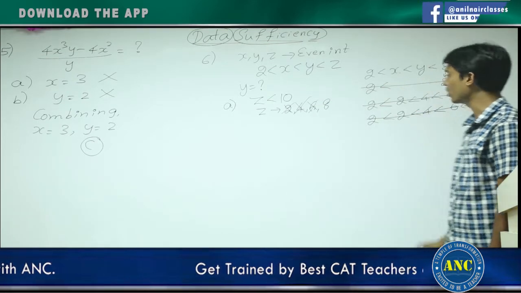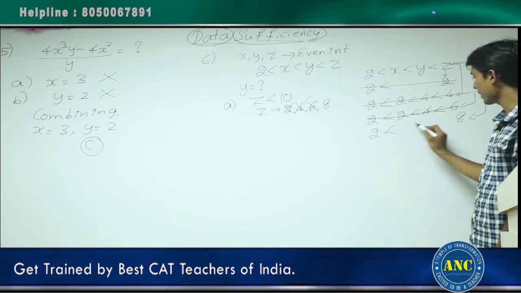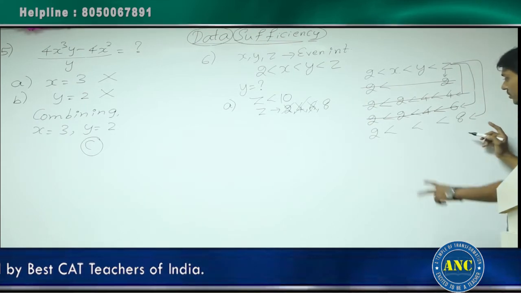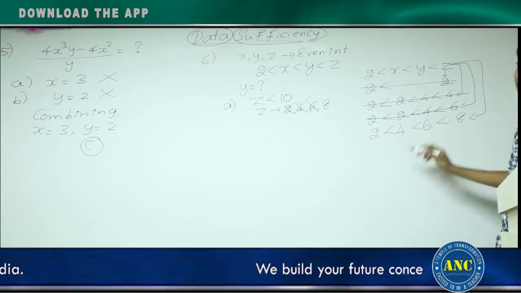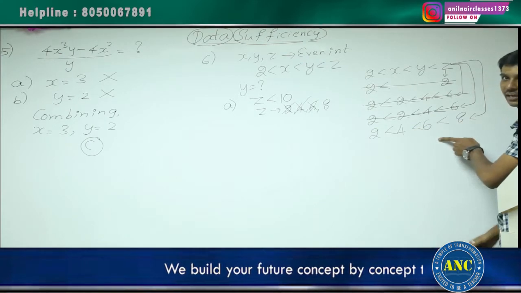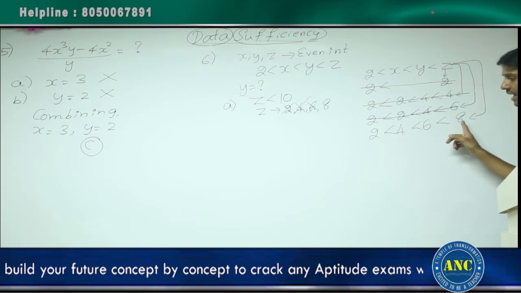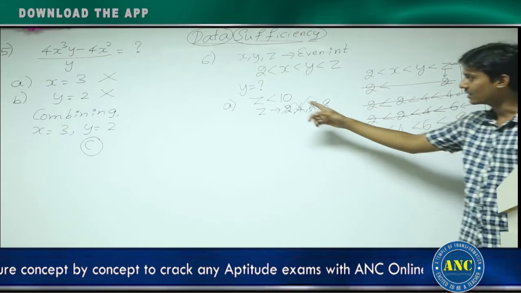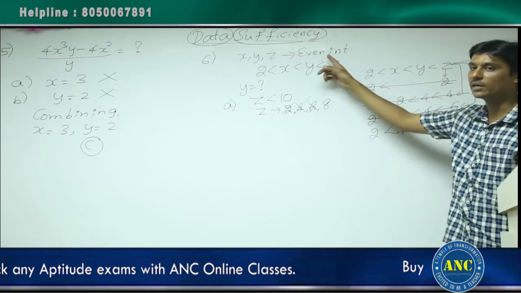If I take z is equal to 8, 2 less than something else less than 8. These two should be even integers less than 8. What are the possible values? 4 and 6. Now if you observe, all the conditions are satisfied. 2 less than x less than y less than z, this is the first condition. Z less than 10, yes, z is equal to 8, it is less than 10. All of them should be even integers.